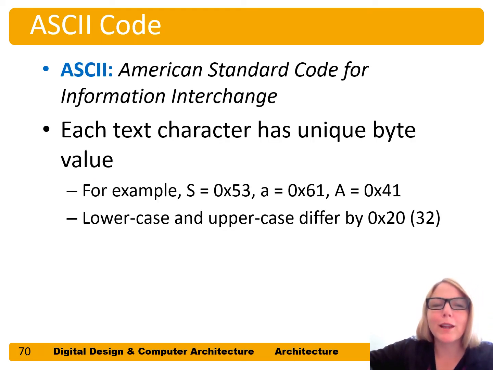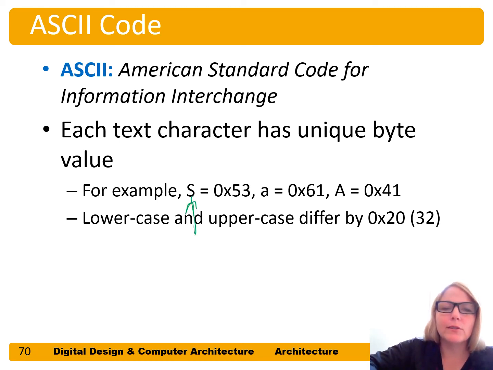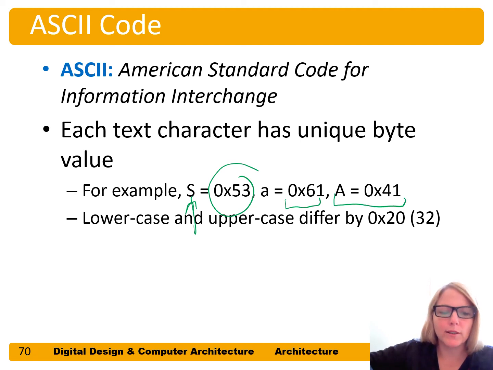One common array that we use is to store strings of information. So we use ASCII encoding. ASCII stands for the American Standard Code for Information Interchange. And this encoding gives each text character a unique byte value. So for example, capital S is equal to hex 53, little a is equal to hex 61, and big A is equal to hex 41, and so forth.